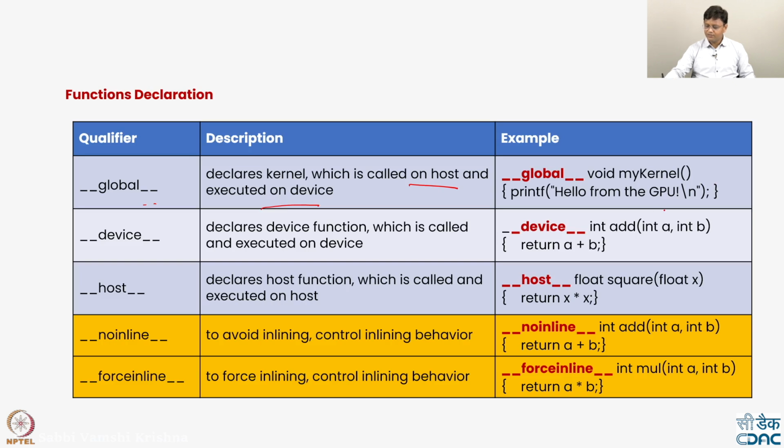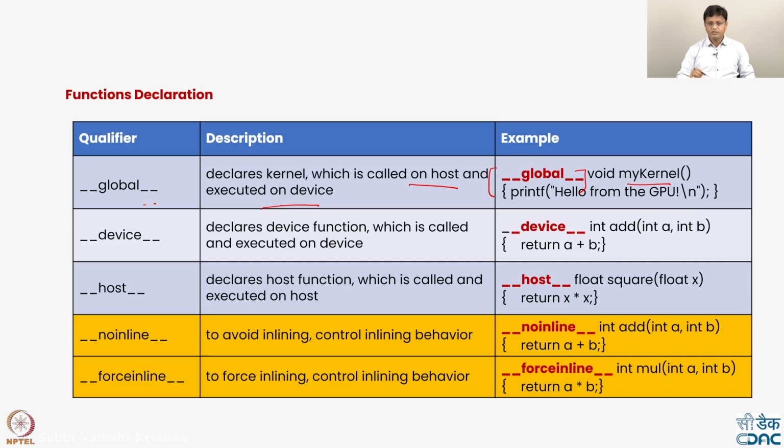I have taken a very simple program for the example: hello world, hello from GPU. You can see this global qualifier, void, and any name you can provide to your own kernel or function, and within that function you can write any of your logic.